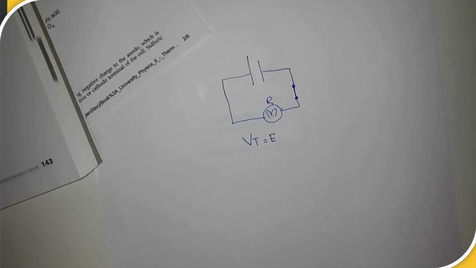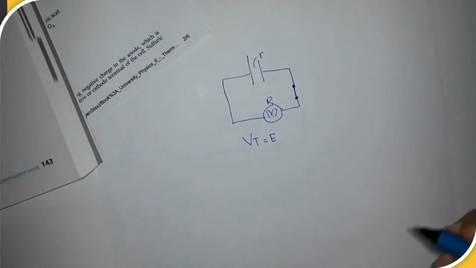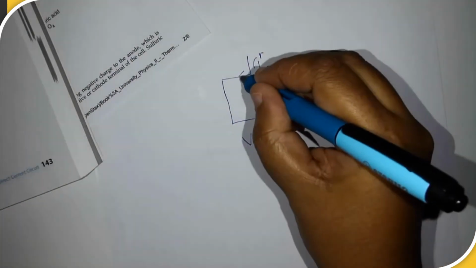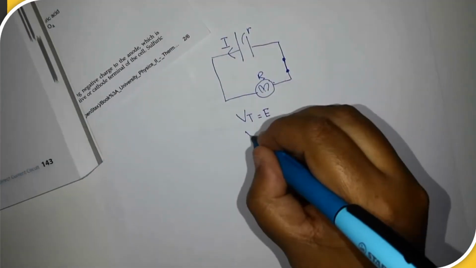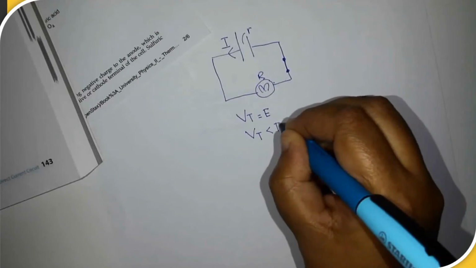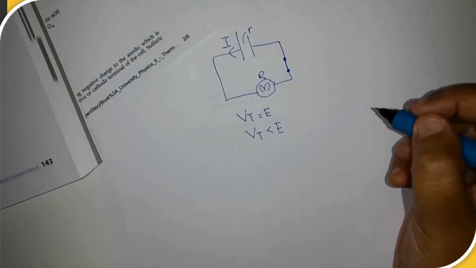But if the battery has an internal resistance and supplies a current to an external resistor, so a current flows, then the terminal potential difference Vt will be less than the electromotive force E of the battery by an amount equal to Ir.